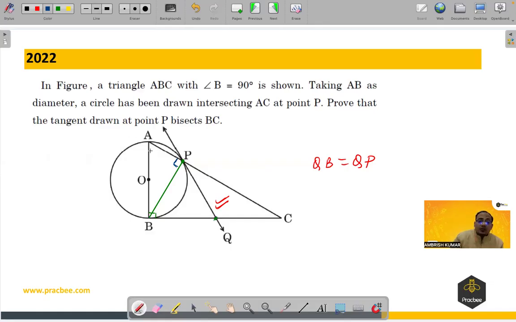Now, if we assume this angle as something like angle X, so in triangle ABC, angle B is 90 degree, A is angle X, so this C is going to be angle 90 minus X, right? Now, see how we can find this angle.